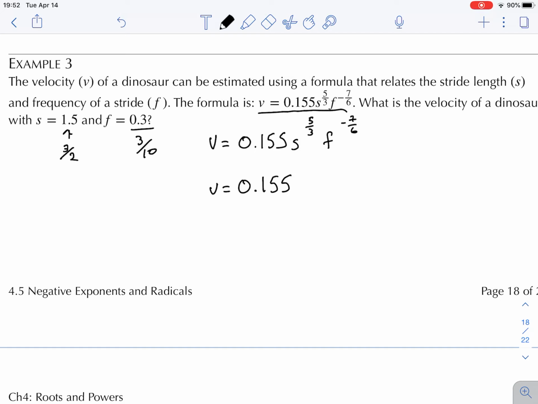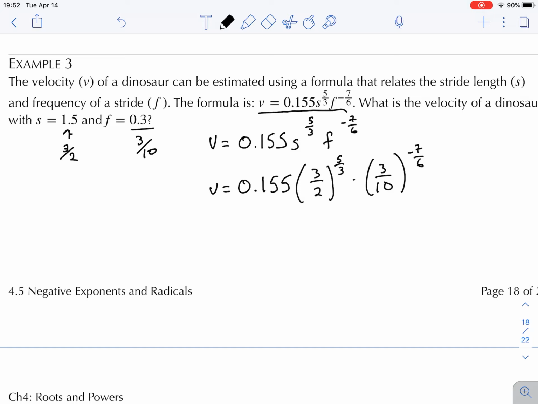Okay, so v is equal to 0.155 times 3 over 2 to the power of 5 over 3 times 3 over 10 to the power of negative 7 over 6. Honestly, turning them into fractions doesn't make it any easier, because it really doesn't.